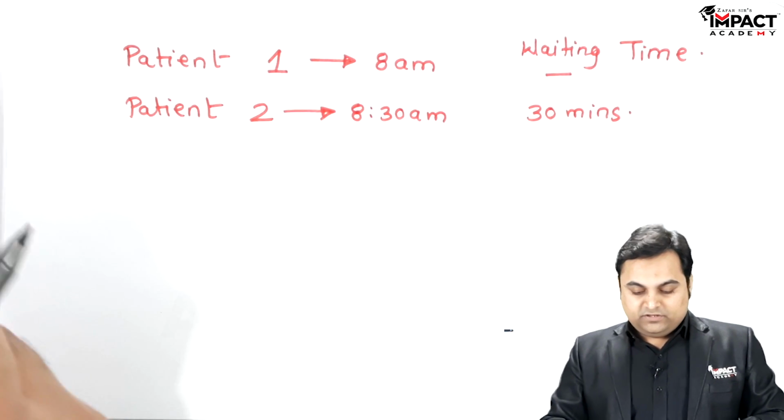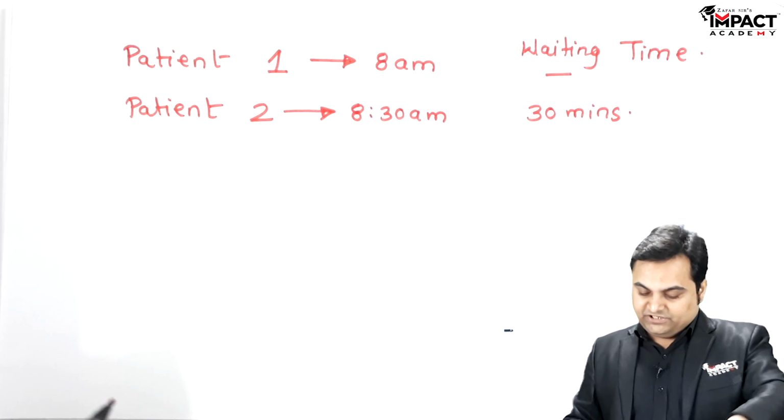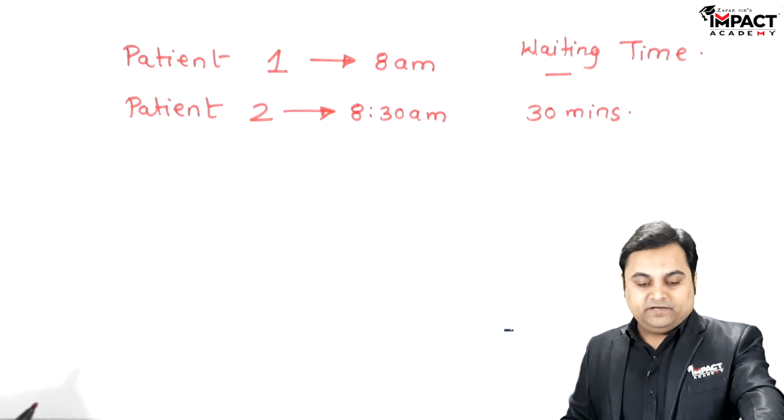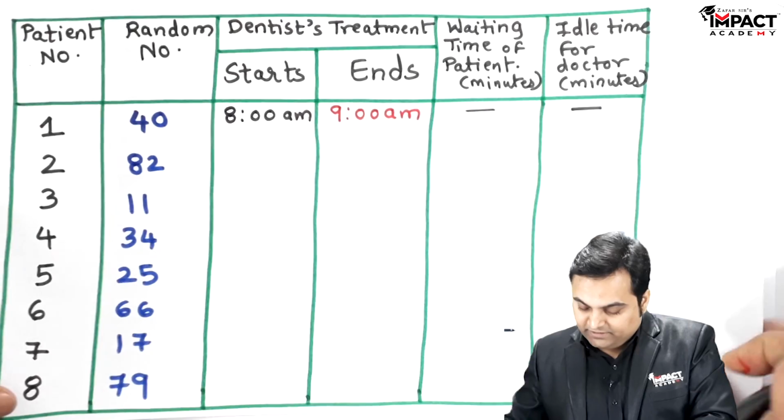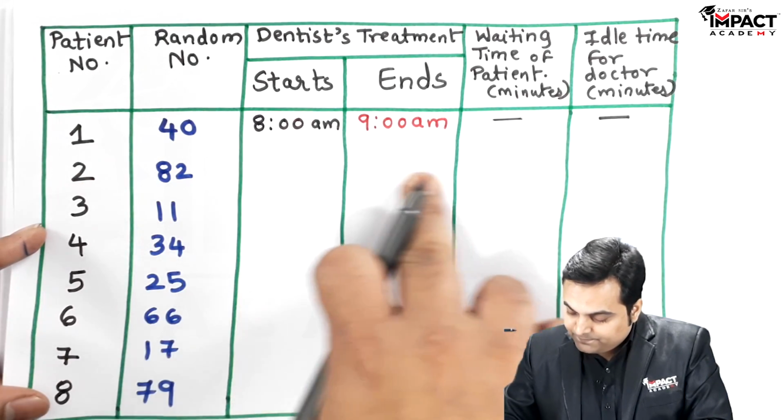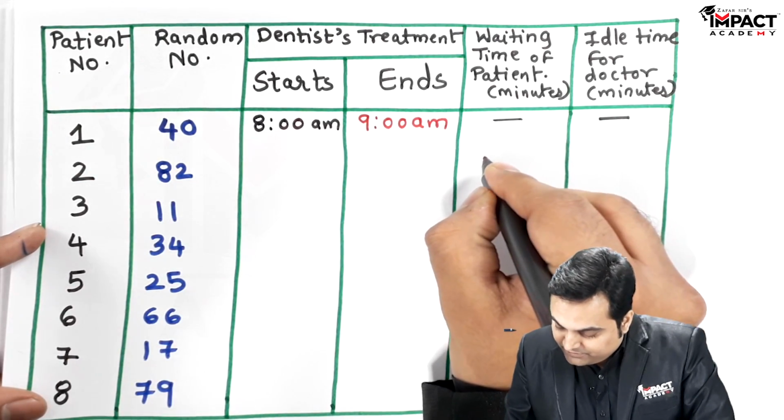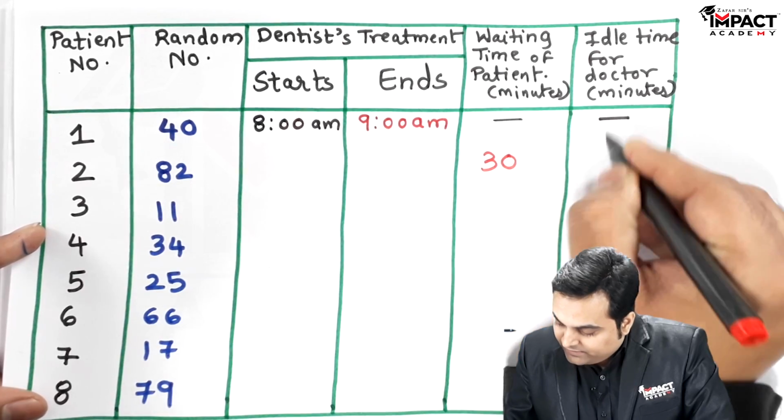So I am writing for patient number second, the waiting time is 30 minutes, and again the idle time for the doctor is nil.